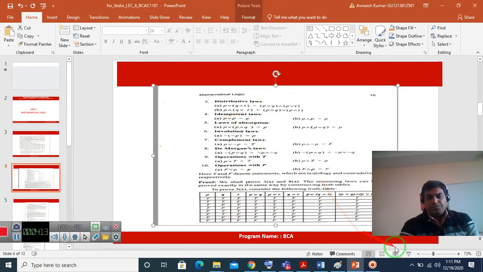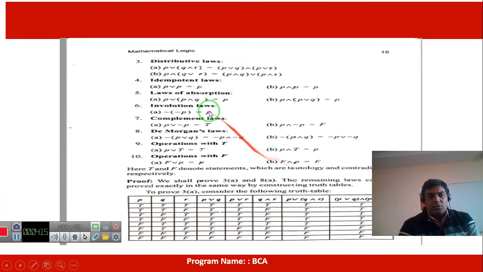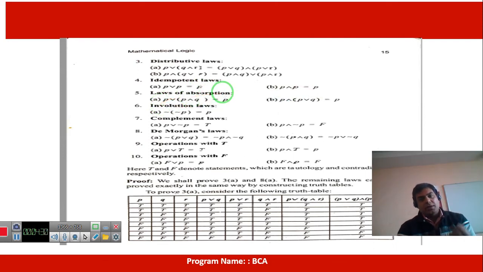The next rule is the idempotent laws. Idempotent law means that we are working on the same variable: p disjunction p is equal to p, p conjunction p is equal to p. Law of absorption: absorption means that one variable can be absorbed, it vanishes actually.